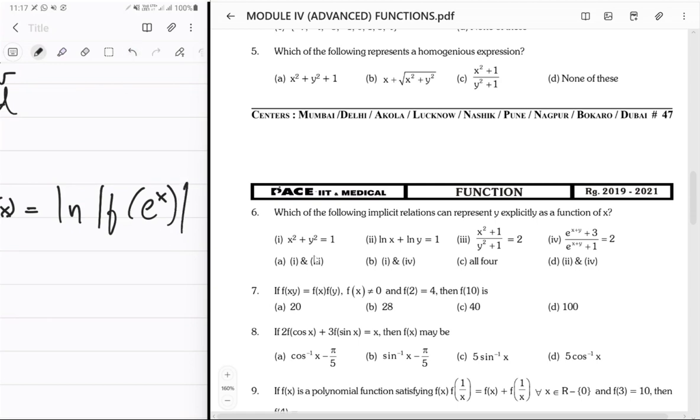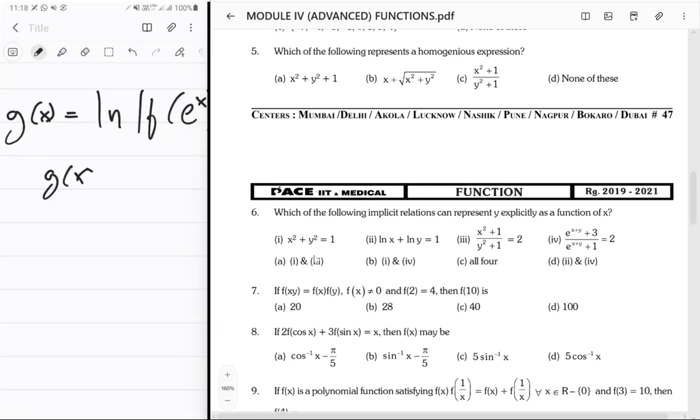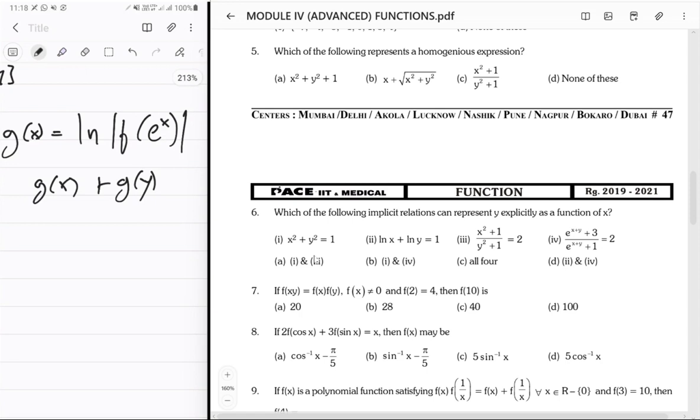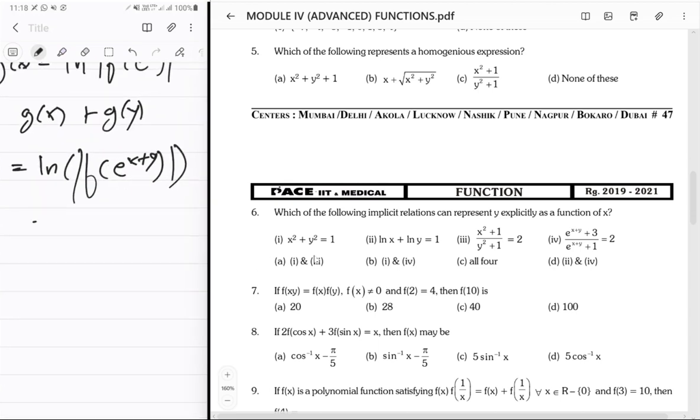So then what's g of x plus g of y? That's going to be natural log of f of e power x plus natural log of f of e power y, which is basically natural log of f of e power x times f of e power y, the mod of it, of course, which is just f of e power x times e power y, which is like f of e power x plus y, mod of that. It's just equal to g of x plus y.